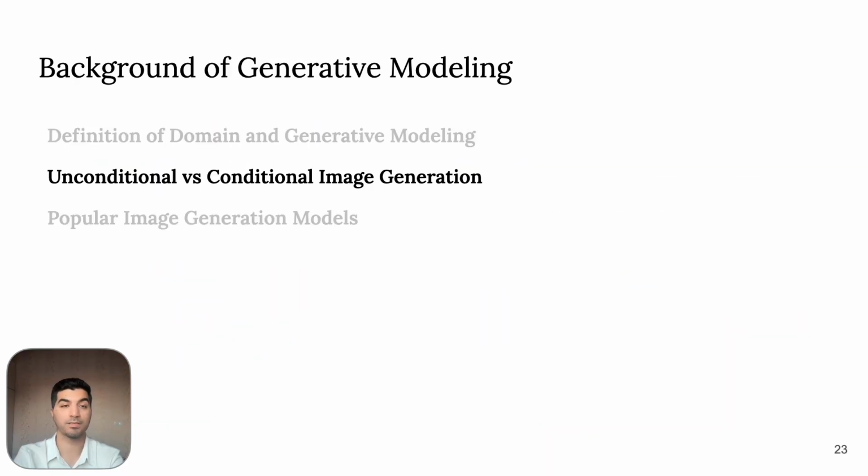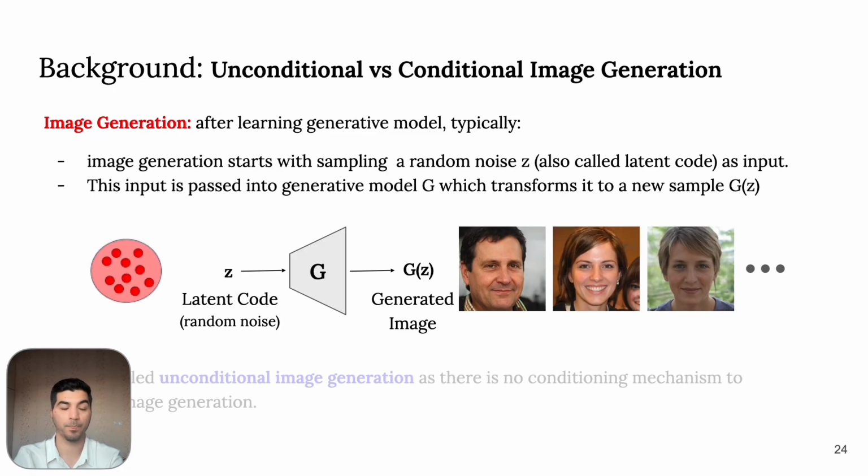Another important concept that we will discuss in background of generative modeling is the conditional and unconditional image generation. Usually, after training a generative model, image generation is performed in two steps.